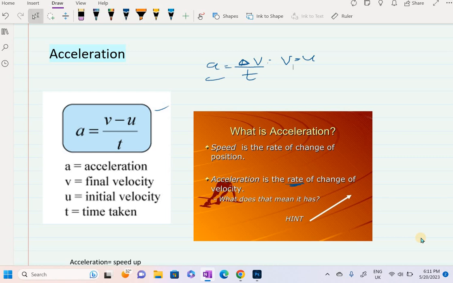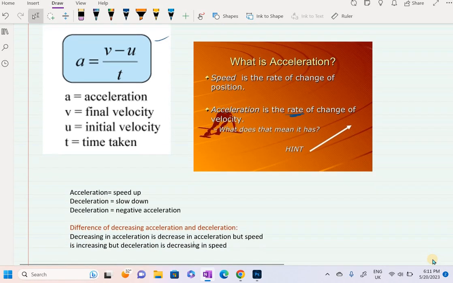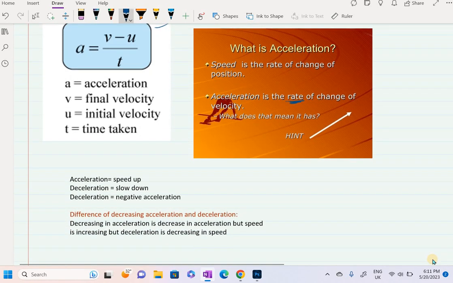So acceleration means this car speeds up, right? Goes faster. Deceleration means this car slows down or starts to decrease its velocity. I can say deceleration is also equal to the negative of the acceleration.